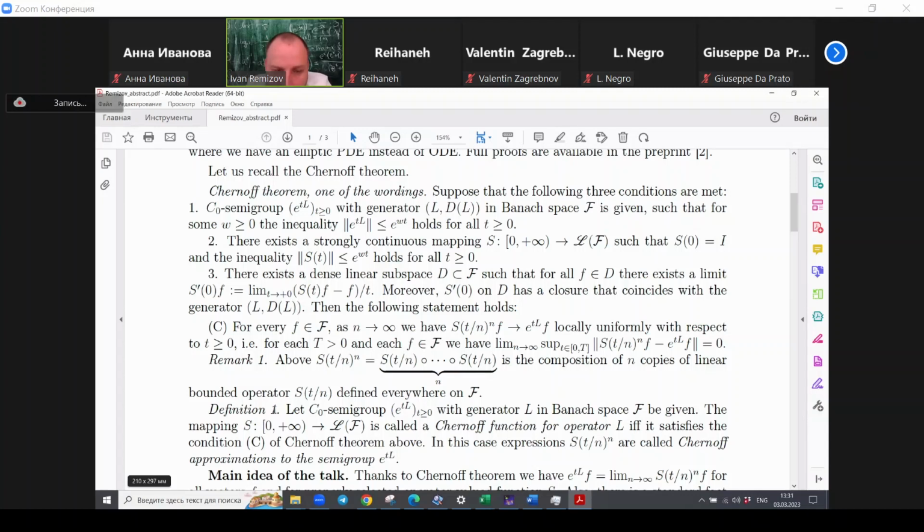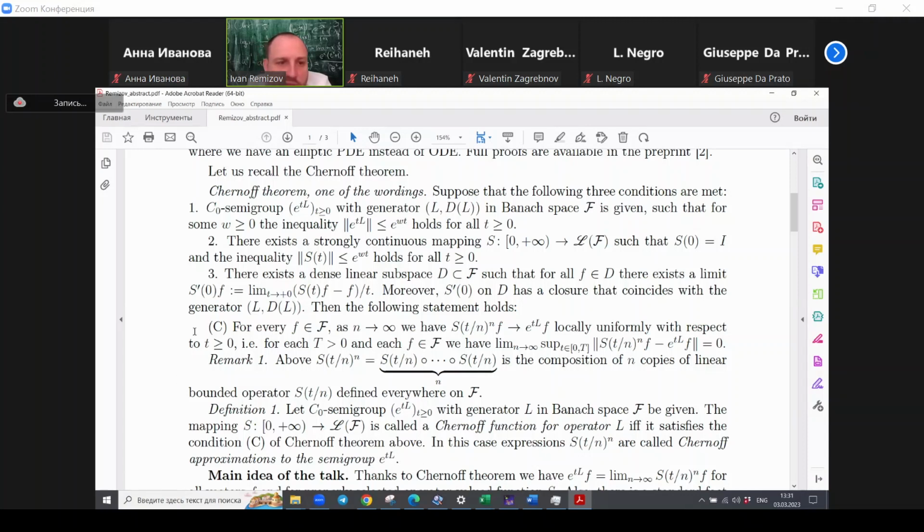The following definition is widely used: if we have a C0 semigroup and we have a mapping S, then this mapping S is called a Chernoff function for the operator L, and also sometimes a Chernoff function for the semigroup e to the power tL, if it satisfies condition C of the Chernoff theorem. And the expressions S of t over n to the power n are called Chernoff approximations to the semigroup.